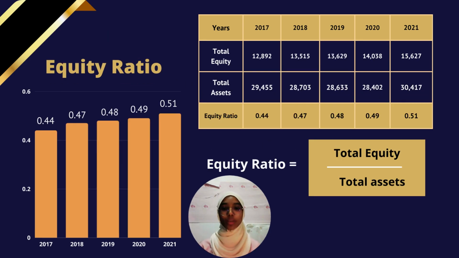Okay, lastly, I am going to explain the equity ratio. The equity ratio is a financial indicator that determines how much debt a company is using. It determines how successfully a firm manages its debt and funds its asset requirement by looking at assets, investment, and equity.